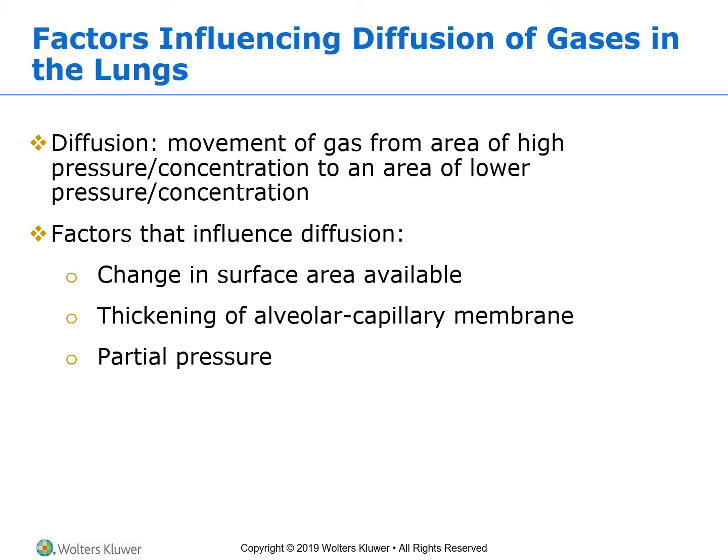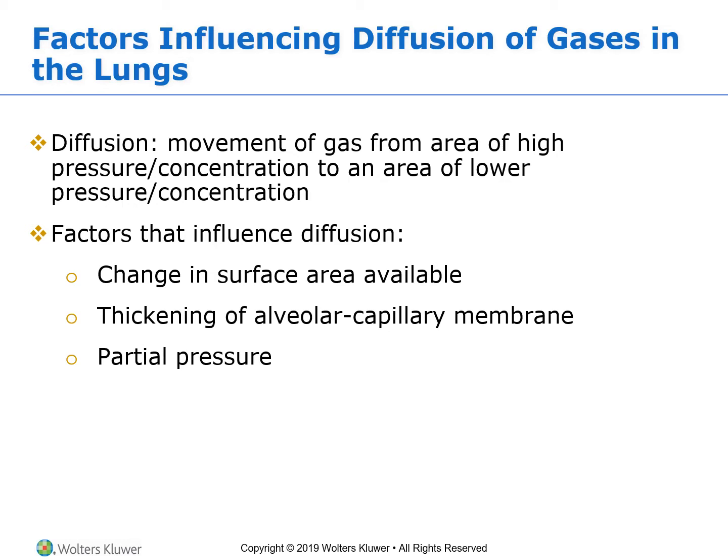Now, likewise, we have this great concentration of oxygen in the alveoli, and we have this unoxygenated blood, okay? And so that unoxygenated blood is going to draw that oxygen with that higher concentration into that blood.